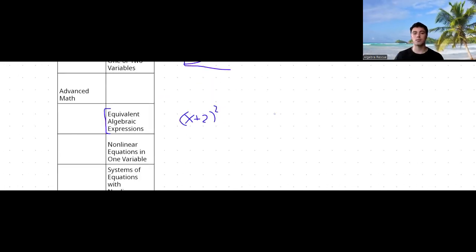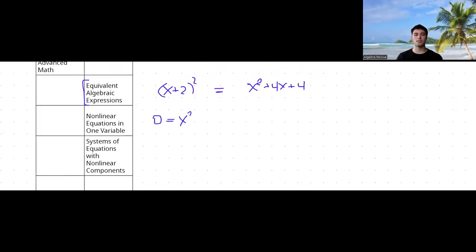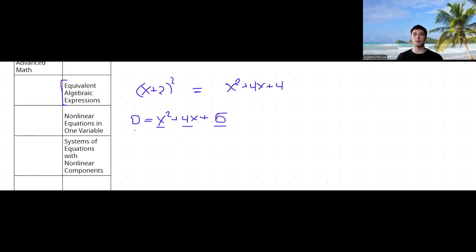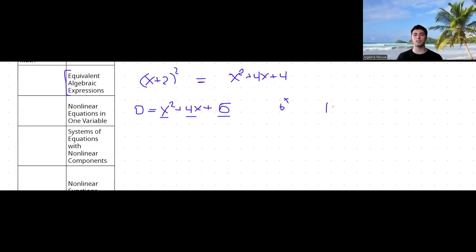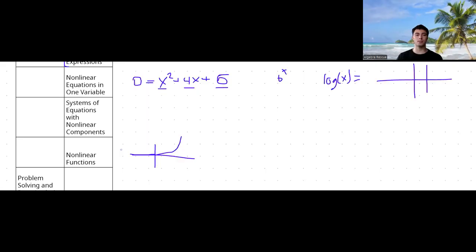For your advanced maths, we also just have 4 topics. Equivalent expressions, nonlinear equations with 1 variable, systems of nonlinear equations, usually just 2 variables, and then nonlinear functions.